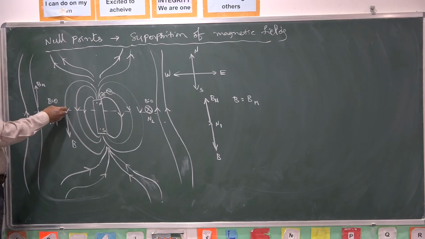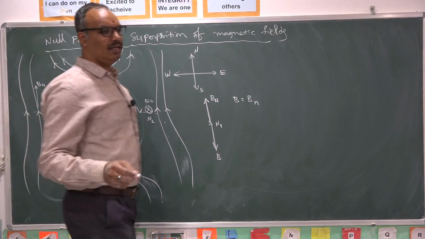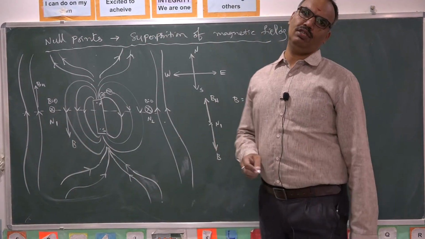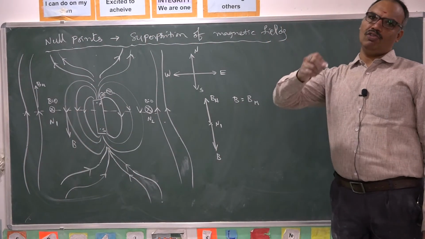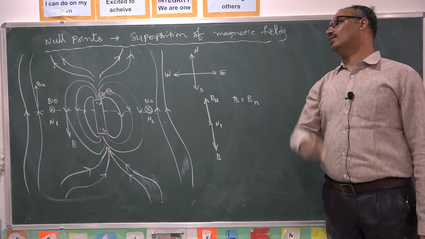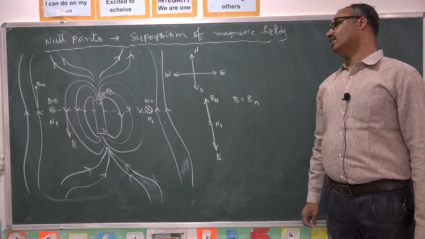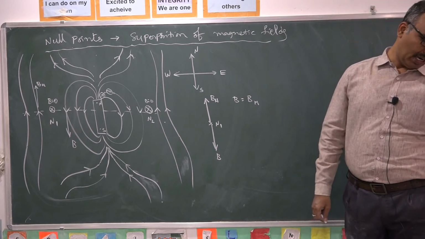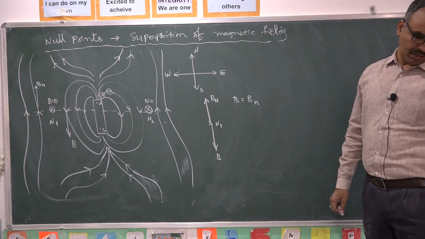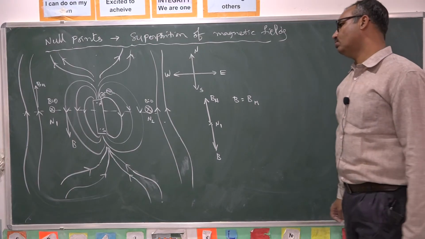If you move it this side, you will find it in another direction. There is a particular point where the net magnetic field is 0, so it is unable to find a particular direction to stay in. So it will be rotating without any specific direction. Such a point is called a null point. At the null point, B becomes equal to BH.